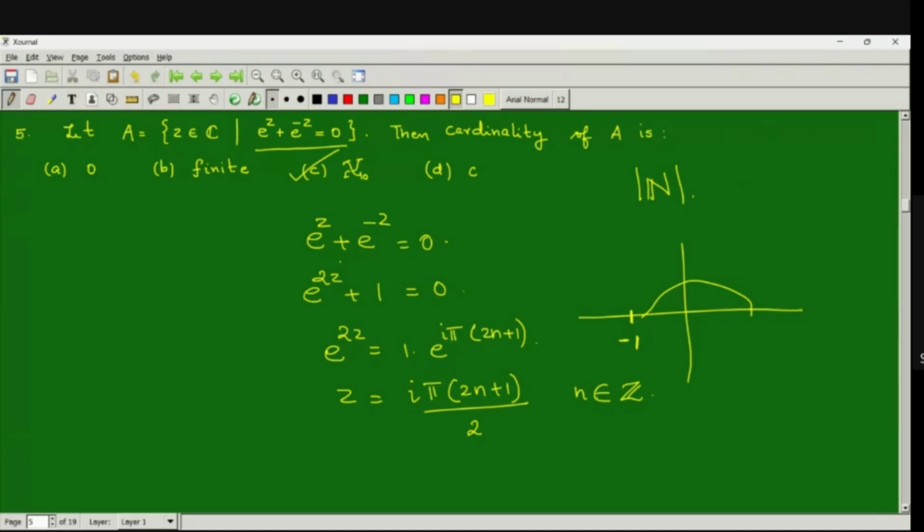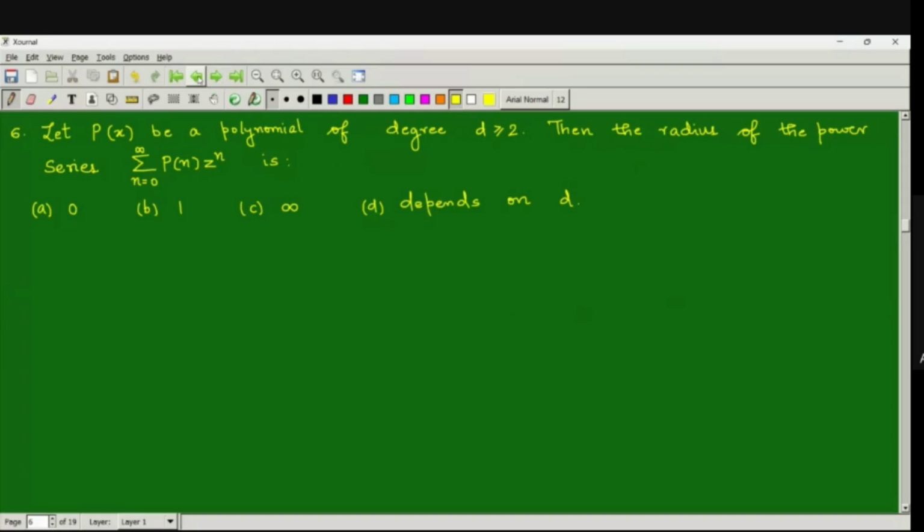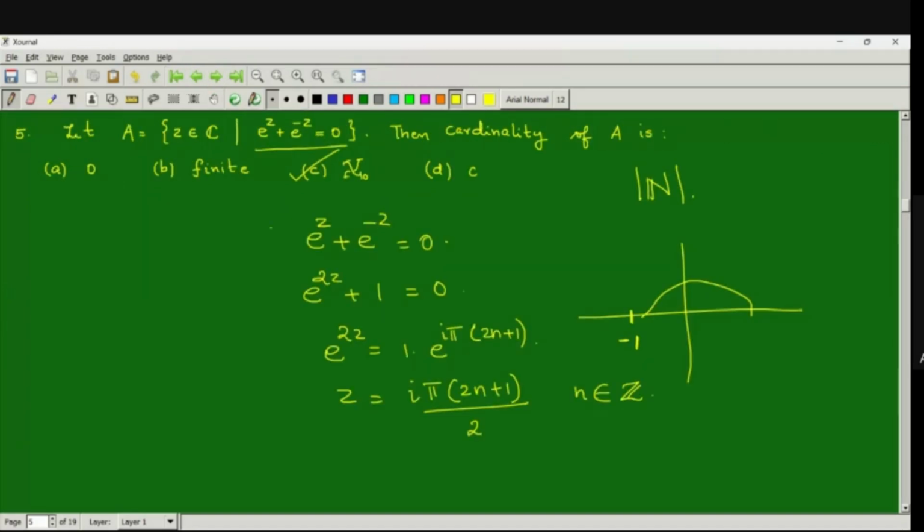Ma'am, in this question, how are we knowing to multiply by e raised to z? How can we get that intuition? Then how will you solve an equation like this? You will be doing this, right?